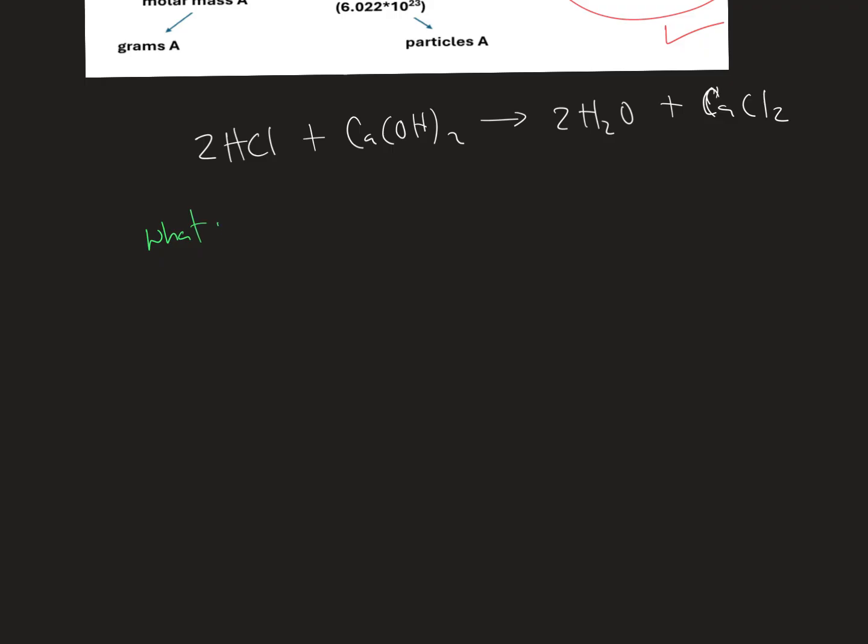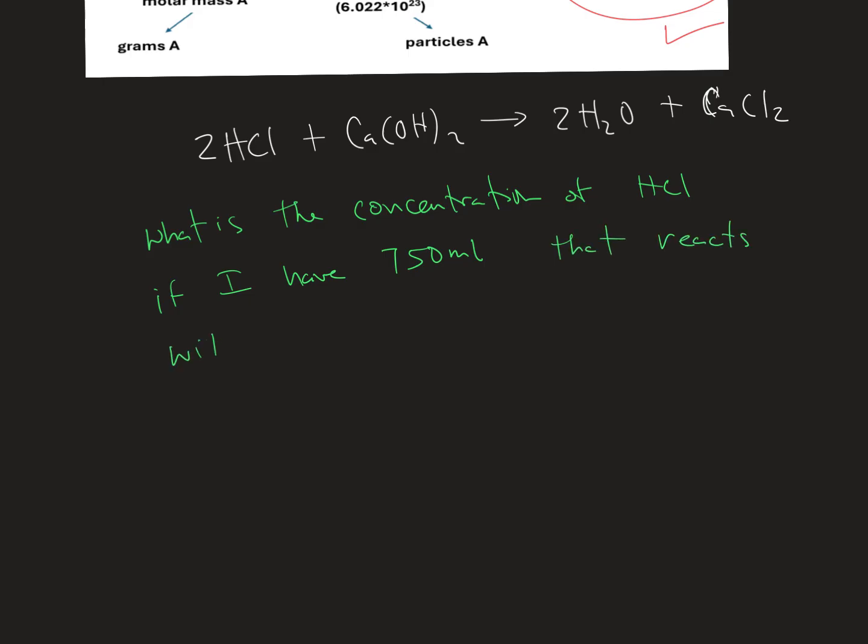What is the concentration of HCl if I have 750 milliliters of my HCl solution that react with 350 milliliters of a 0.200 molar concentration of calcium hydroxide?